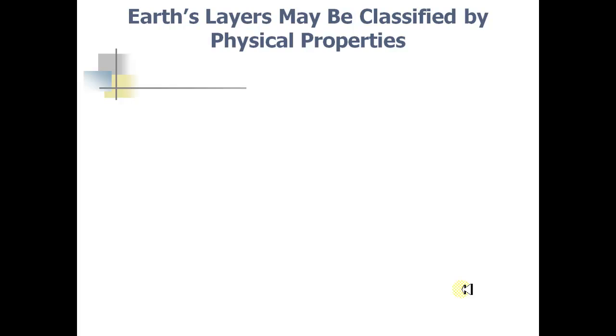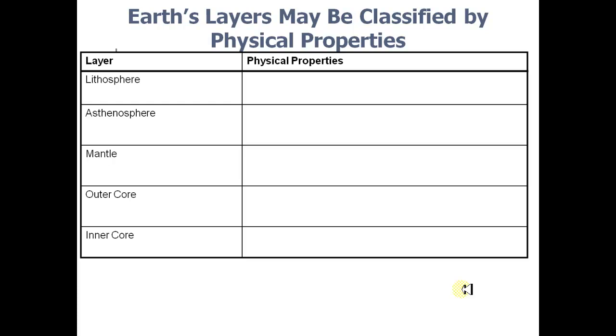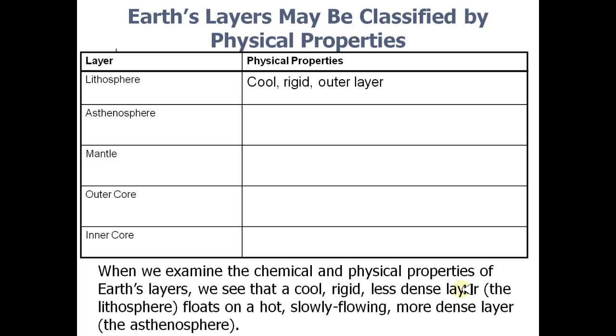So the Earth can be classified physically and chemically. The lithosphere is the cool, rigid, outermost layer down to 100 kilometers. When we examine the chemical and physical properties of the Earth's layers, we see that a cool, rigid, less dense layer, the lithosphere, floats on top of the hot, slowly moving, more dense layer of the asthenosphere.